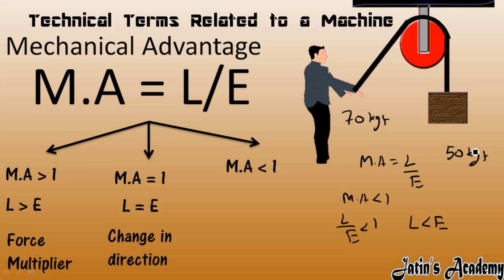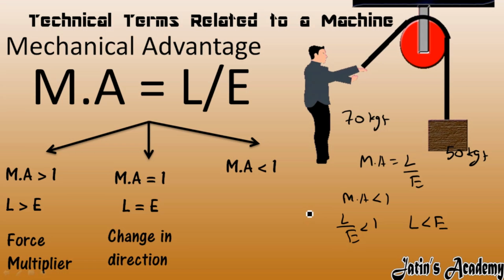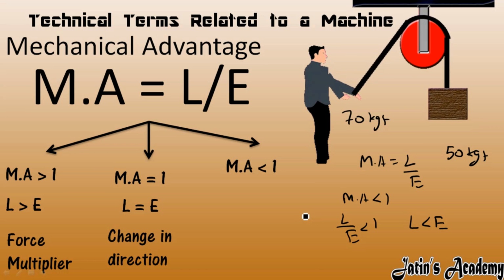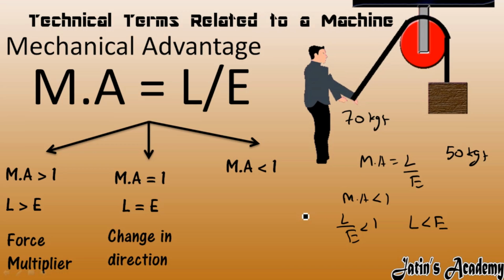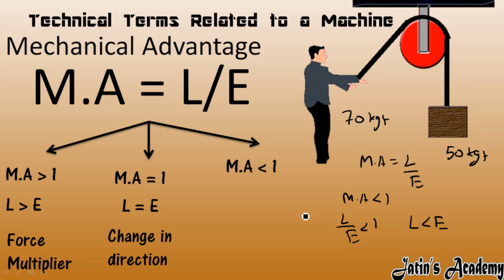That machine has a different function, which is to work as a speed gainer. Here you do not worry about the force, you worry about the speed. You want to complete your task quickly by providing more force.